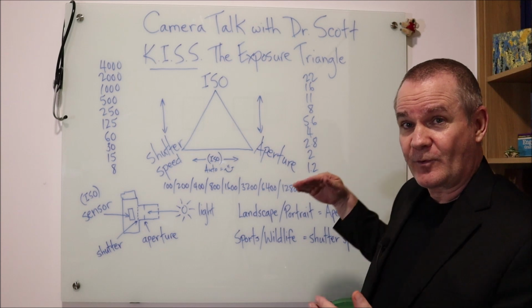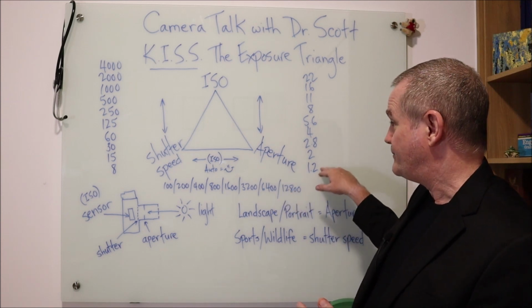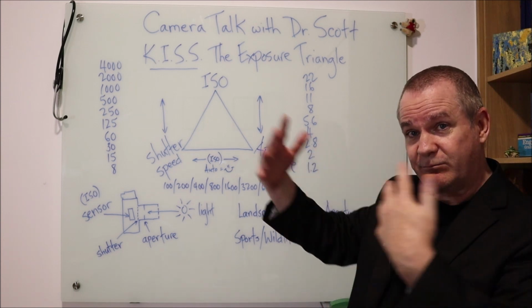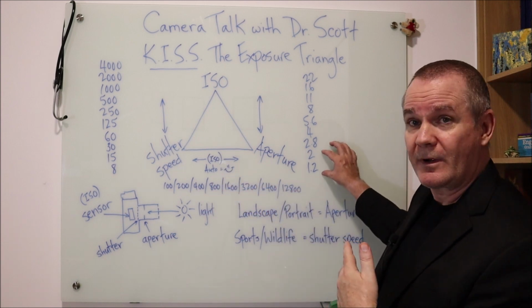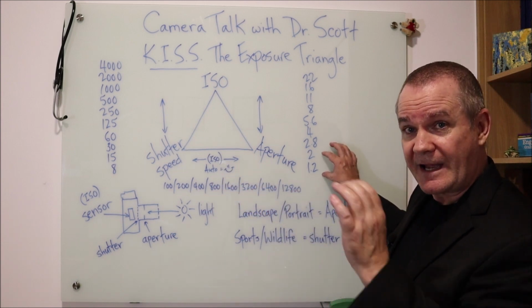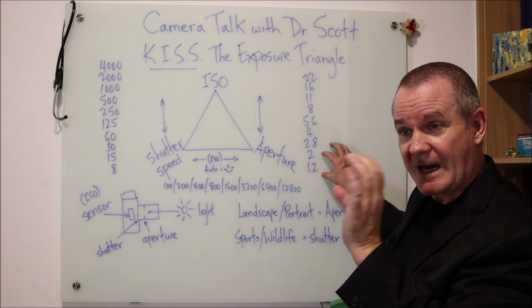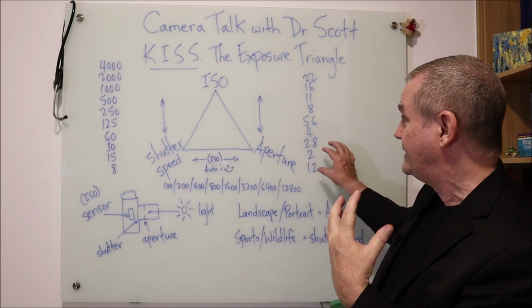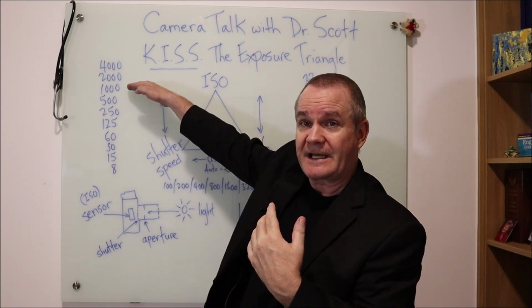So for portraiture, where you want things blown out in the background, where you're at the low end of the scale here, where you have the widest aperture, so letting in the most light, your shutter speed on the other side has to compensate.